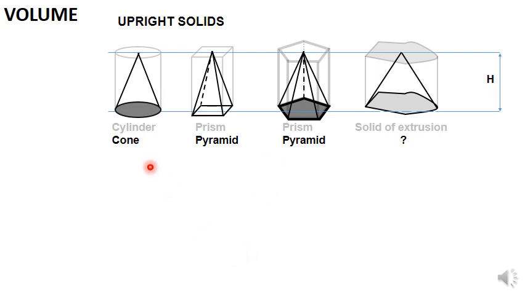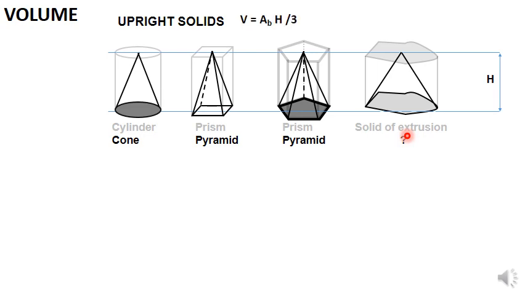In the case of the cylinder, this is a cone. In the case of the prism, this is a pyramid. This is also a prism. We also have another pyramid. In the case of the solid of extrusion, the solid that is generated is one we cannot easily name.